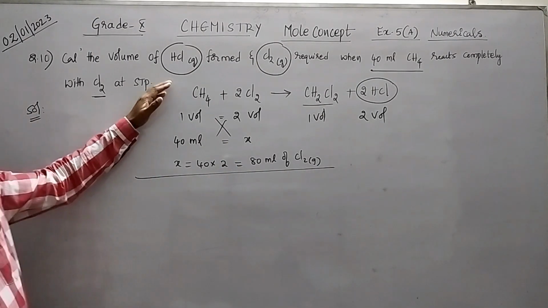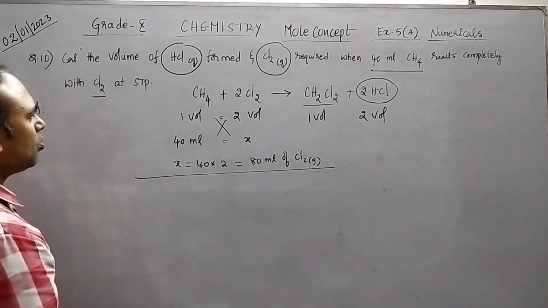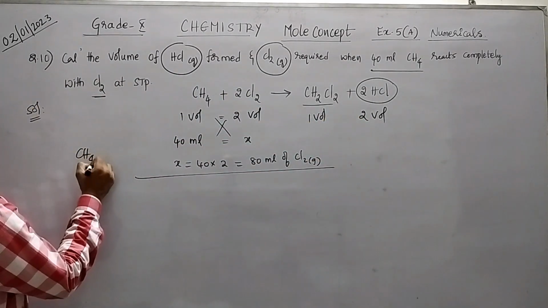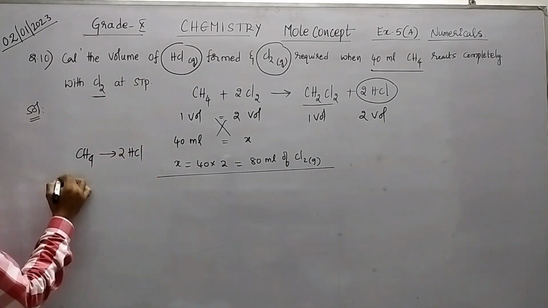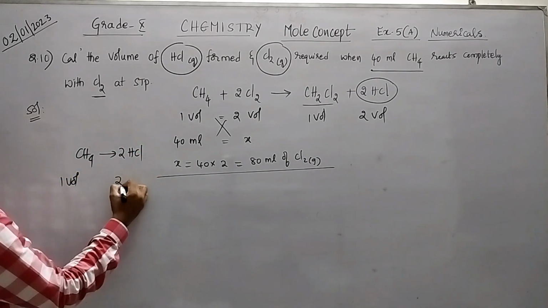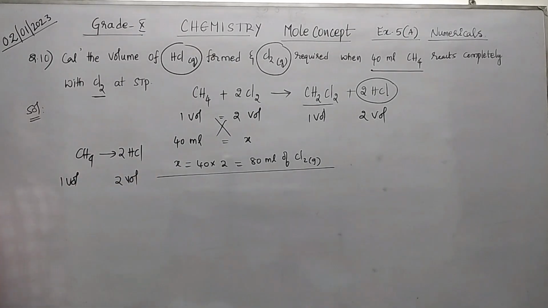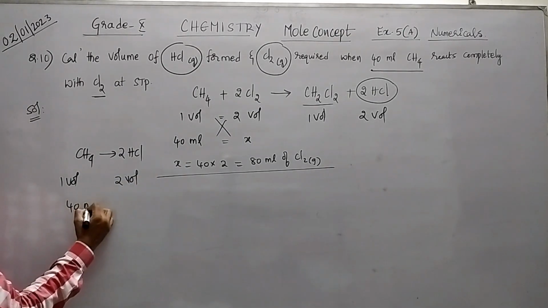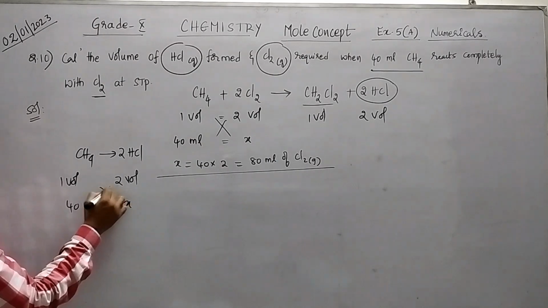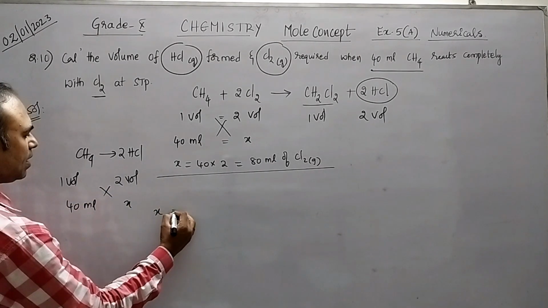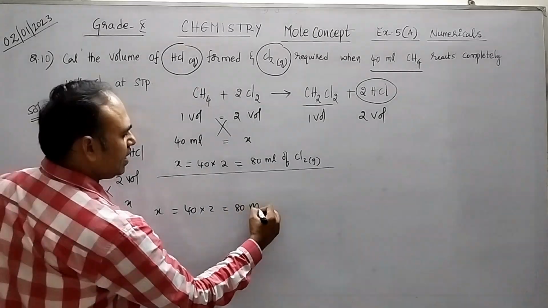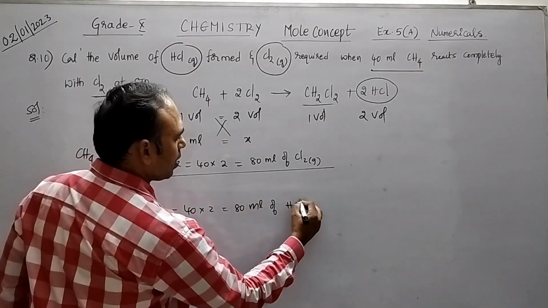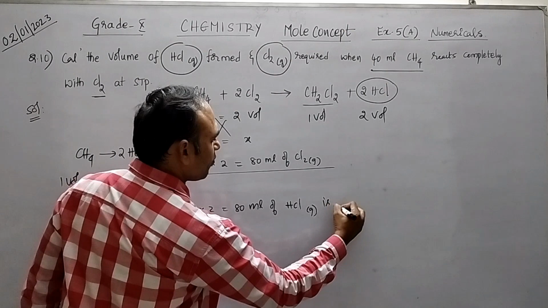Next, how much HCl is formed? Very simple. CH4 is giving you 2 volumes of HCl. 1 volume of methane forms 2 volumes of HCl. 40 ml methane, take it as X. On cross multiplication again, X is equal to 40 into 2, nothing but 80 ml of HCl gas is formed.